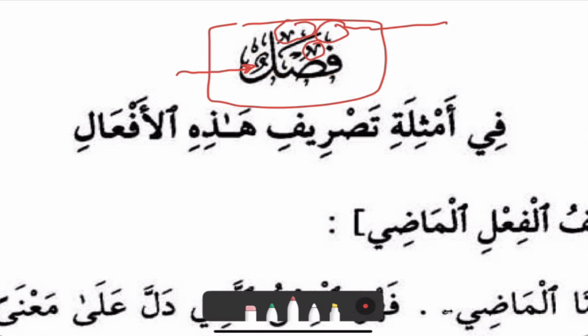Yani, this here, these two right here, these three things here, that's all fancy stuff. And here, this little tail right here on the lam, that's part of the fancy handwriting.